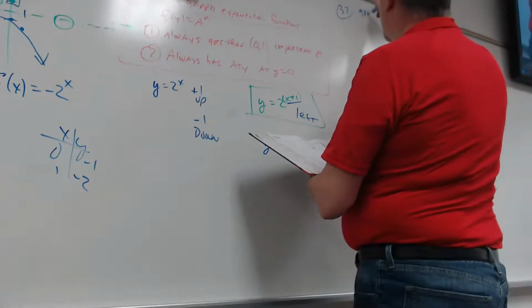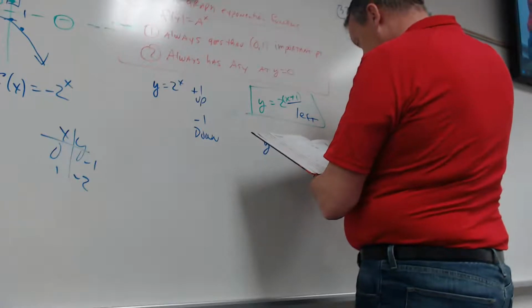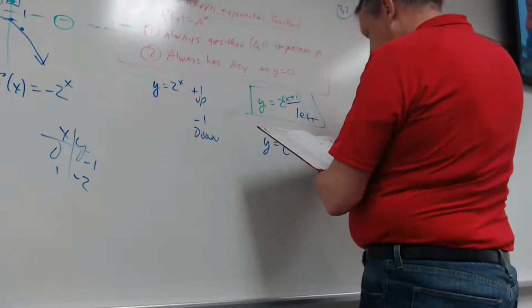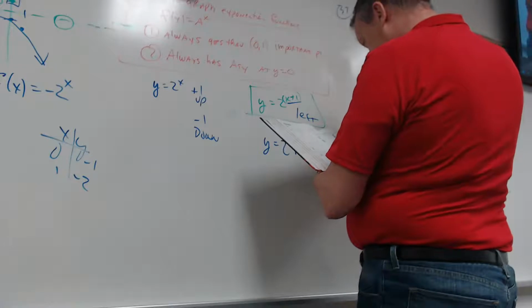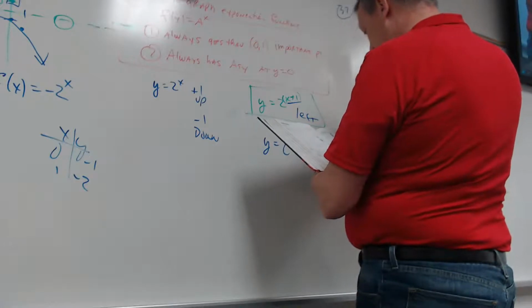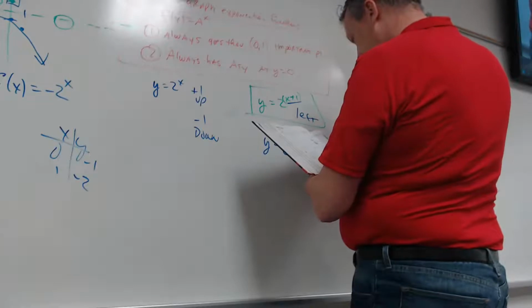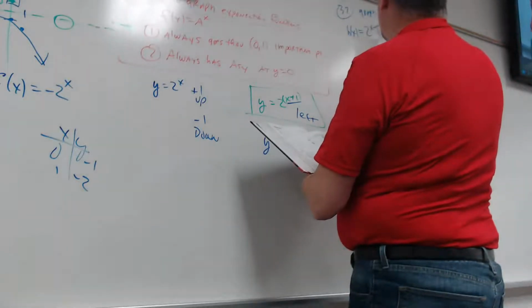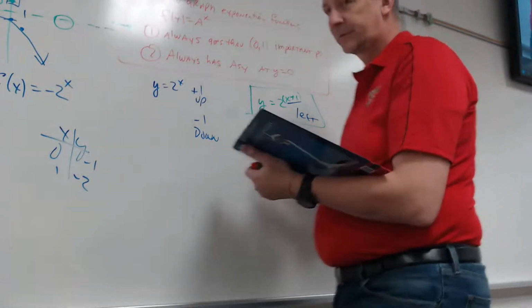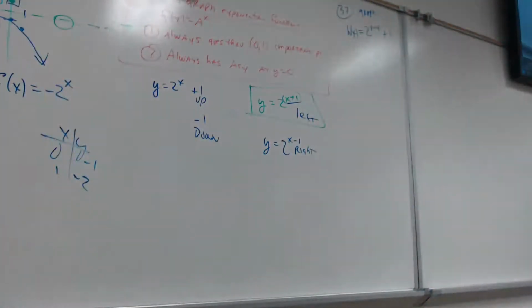Graph h of x equals 2 to the x minus 4 plus 1. Okay?